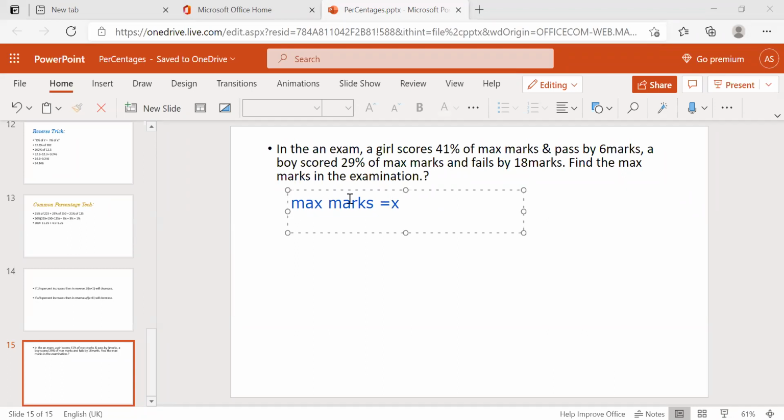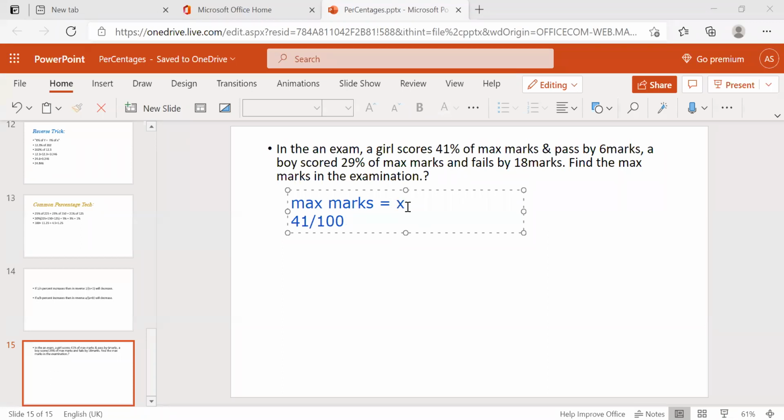Then what are they saying? The girl scored 41%. 41% means 41 by 100 into x. Out of total marks, the maximum marks equal to 1 here, that we are taking as x. Maximum marks or total marks are the same thing.